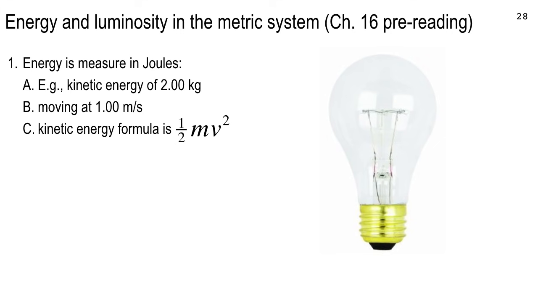There are other units of energy. In the English system, the foot-pound is a unit of energy, but we don't do any astrophysics in foot-pounds. Luminosity is in watts. Like the bulb that you buy, the old-time incandescent bulbs, you get one that's 60 watts.